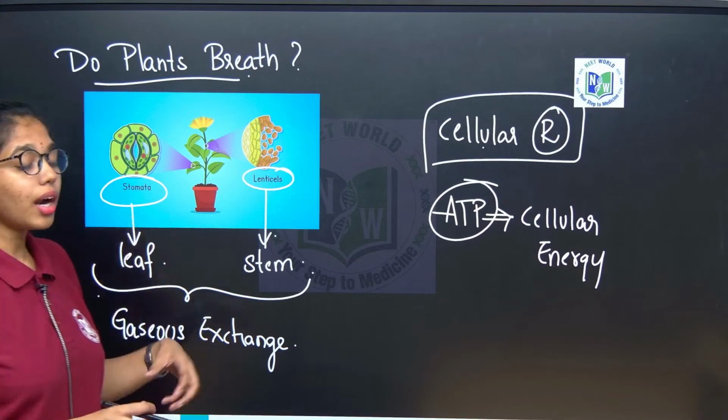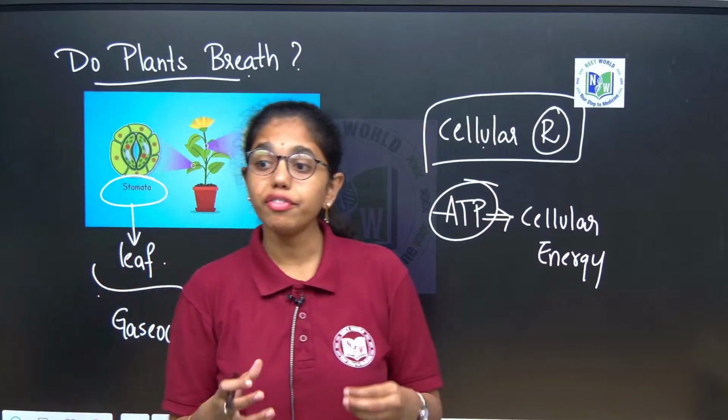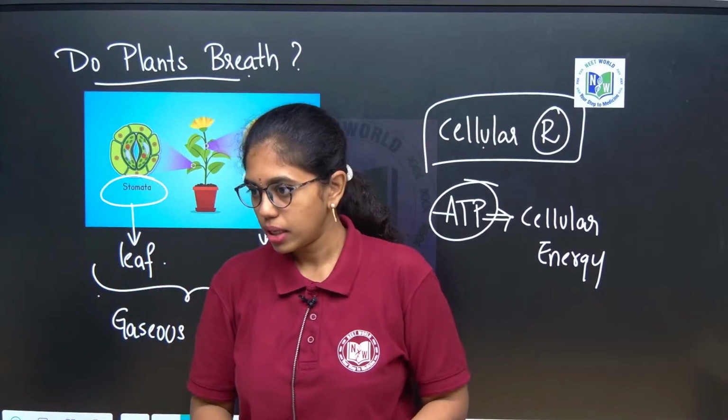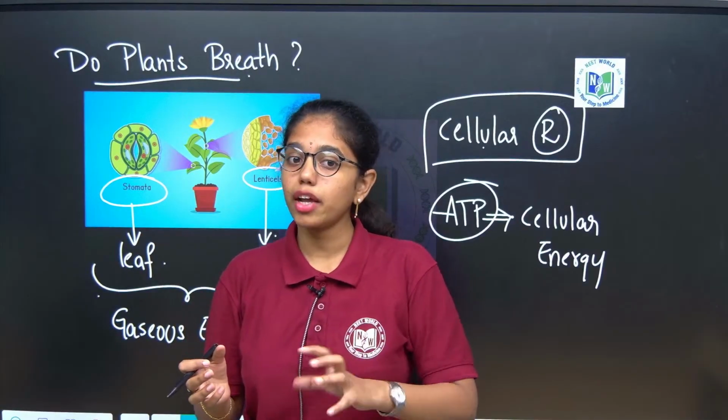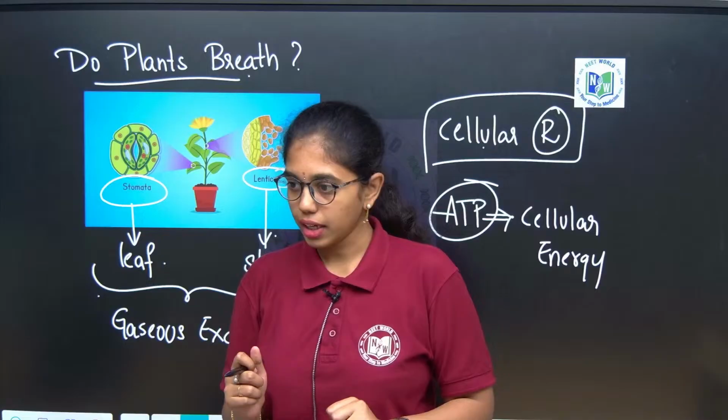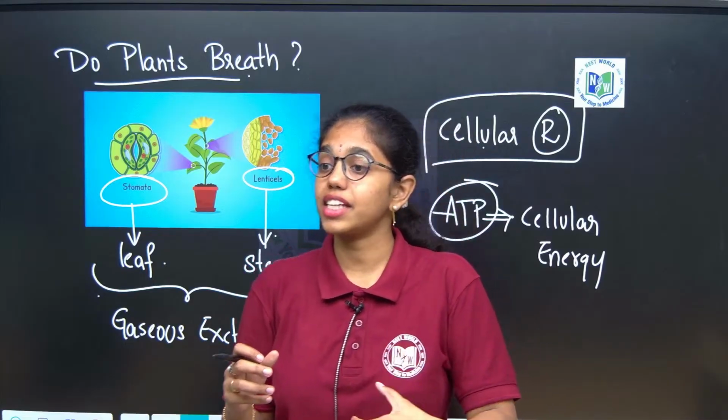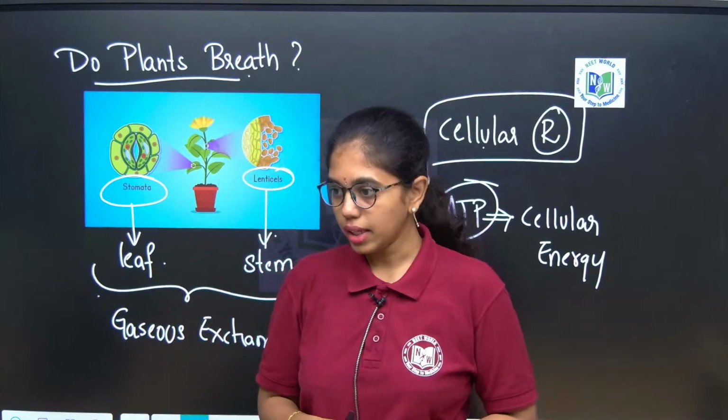And not like animals, plants have low respiratory needs, because all the cells of the plant organs take care of their own respiratory needs, and there is no gaseous exchange demand by all the cells.